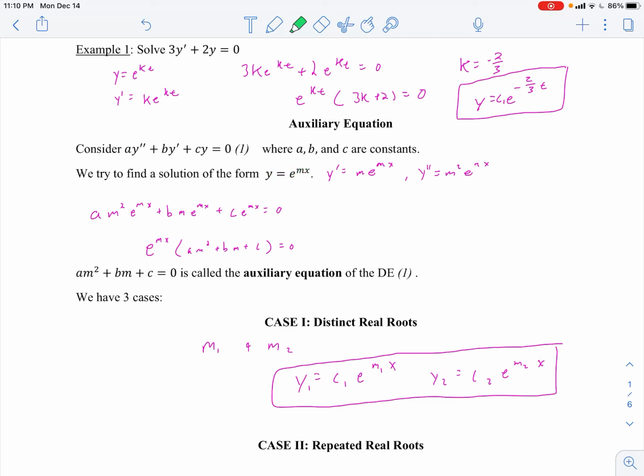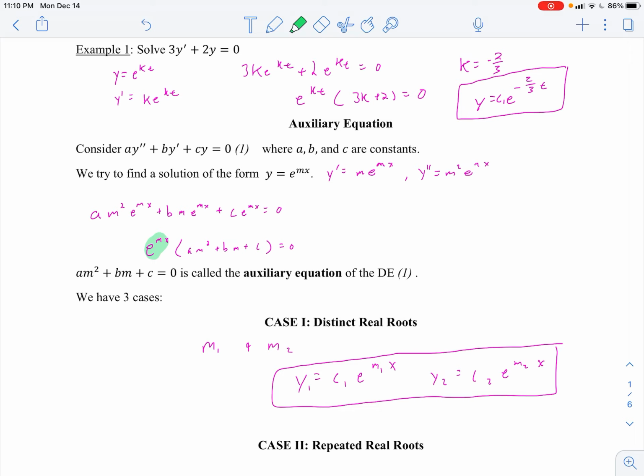If they're not constants, then we can't really use this. So if y is equal to e to the mx, then I know that y prime is just going to be m e to the mx, and y double prime is going to be m squared e to the mx. Substitute that in. We're given this equation, we can pull out the e to the mx, and then times a m squared plus b m plus c equals 0.